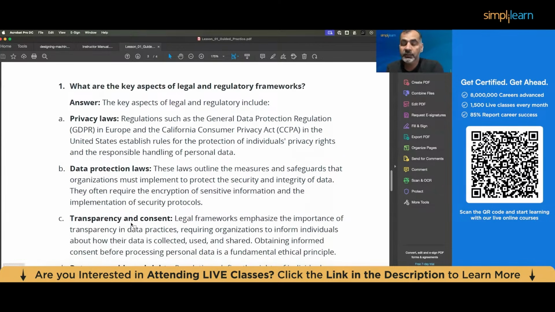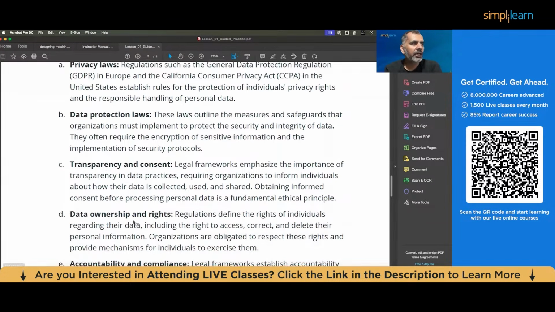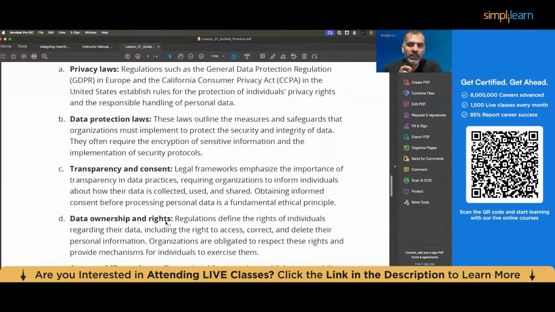The transparency and consent law talks about taking consent from the end user if I'm sharing your data. And data ownership and rights means that once the job is finished, you can delete the data. So you are giving full control over the data, whether the intended purpose is fulfilled or not.